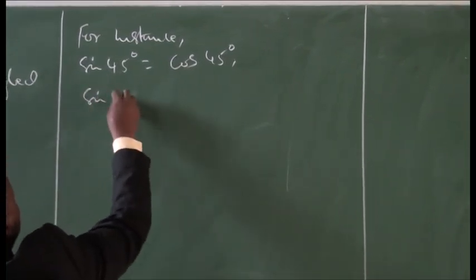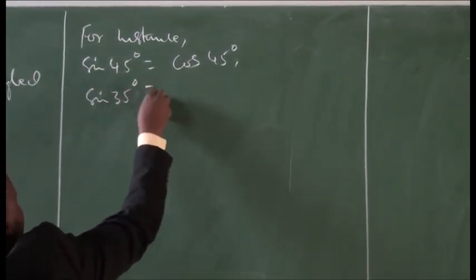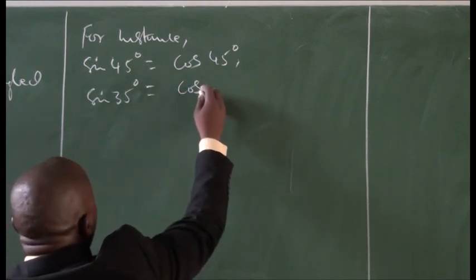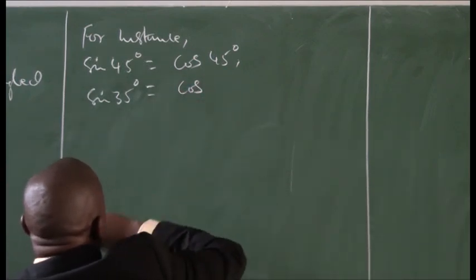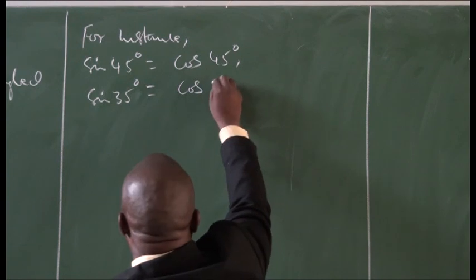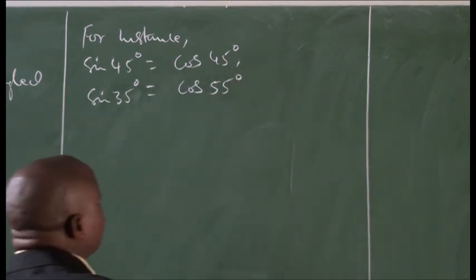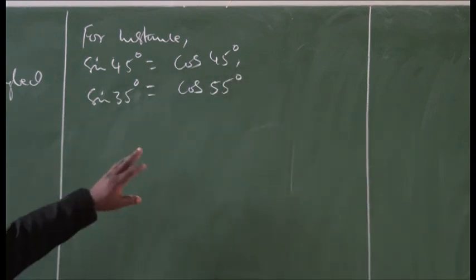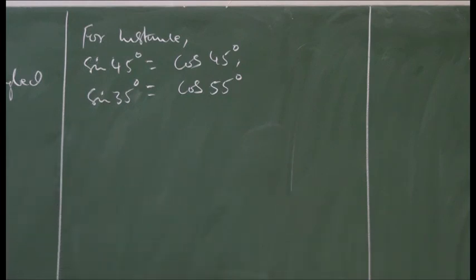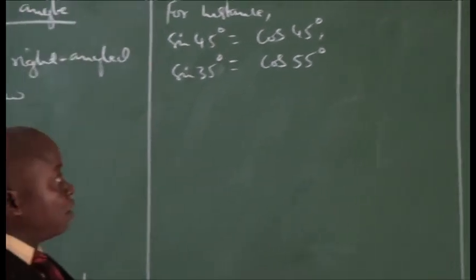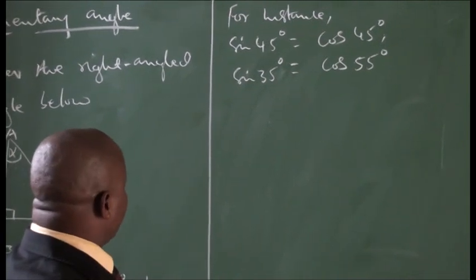So if you see sine 35 degrees, for instance, it will be equal to cos 55 degrees. The reason being that if you add the two, you have 90 degrees. So that is what we call complementary angles.